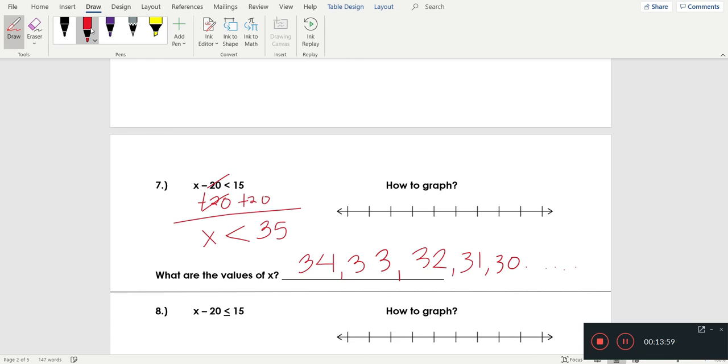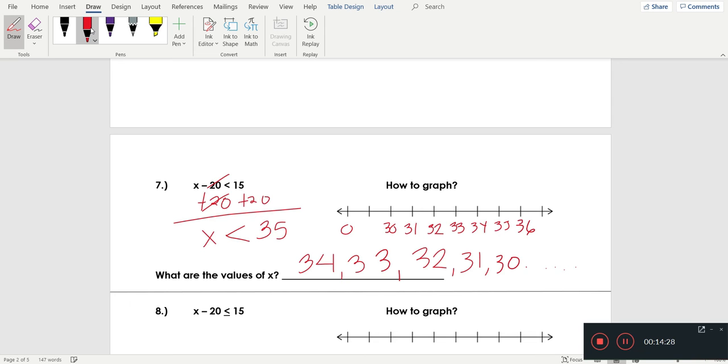Okay? So if I will have the values of x, I have here 0. I'll start with 30, 31, 32, 33, 34, 35, 36.